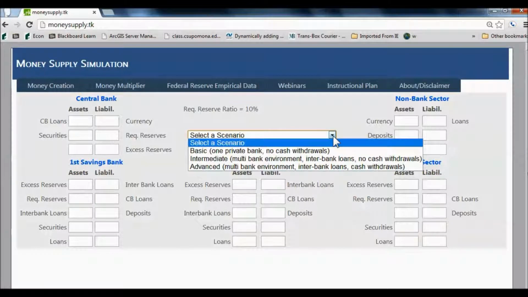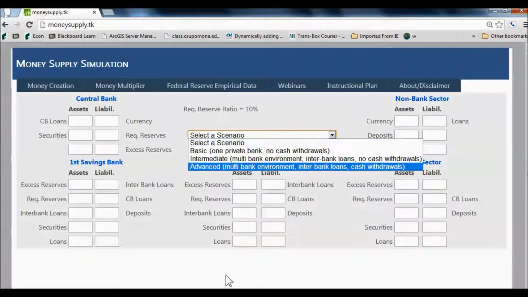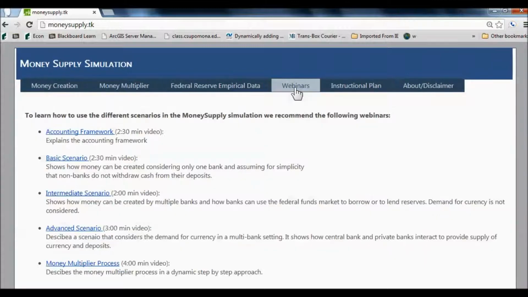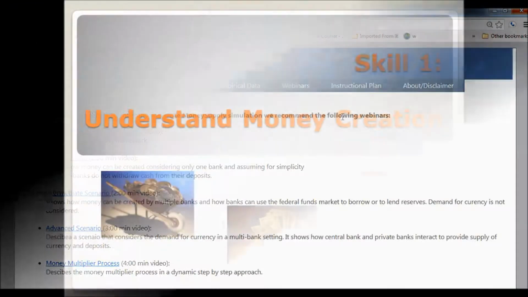Depending on the scenario that the student or instructor chooses, it provides different economic actions. And when these actions are executed, automatically the appropriate dollar amounts are generated inside the accounting framework. Each scenario is accompanied by a webinar, which is a short video that students can watch after they have covered the topics in class.